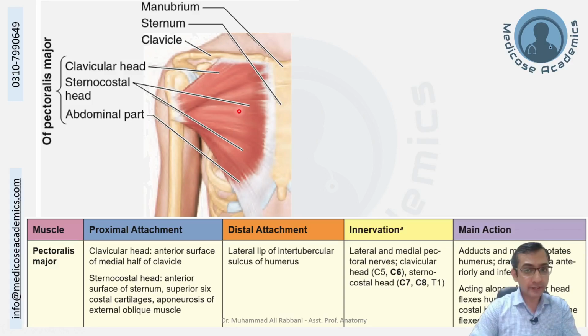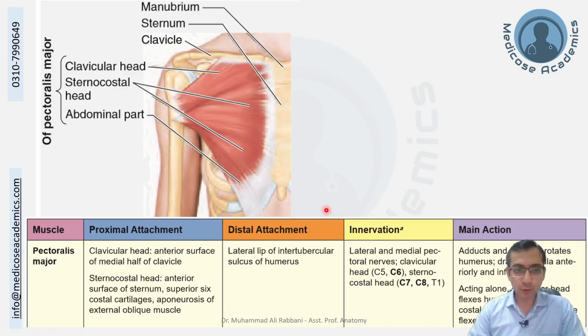Bodybuilders, you know it well, and it runs from the clavicle and the sternum all the way to the humerus. As it attaches, it folds upon itself, creating an anterior axillary wall in front of your armpit.